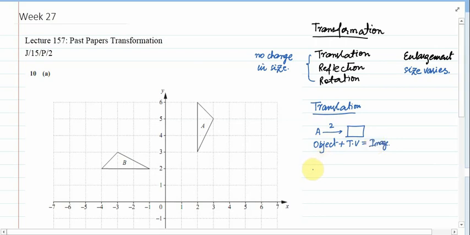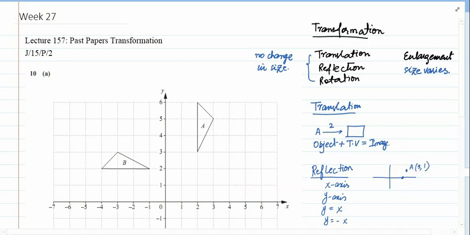When we discussed reflection, there are 4 subcategories: reflection in the x-axis, reflection in the y-axis, reflection in the line y equals x, and reflection in the line y equals minus x, right? Let's suppose you have a point here, this is your point A and the coordinates are 3, 1.